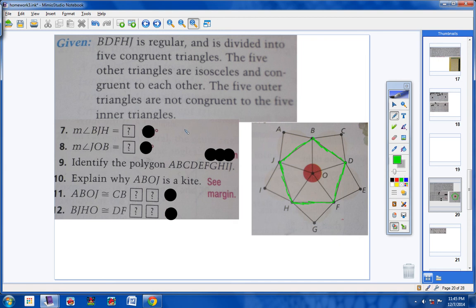It says it's divided into 5 congruent triangles, okay? Let's see, the 5 other triangles are isosceles.